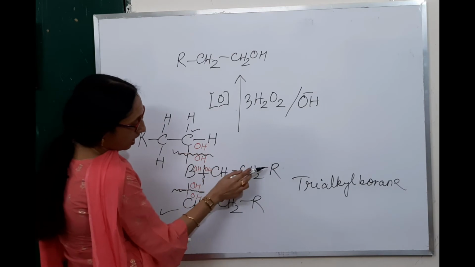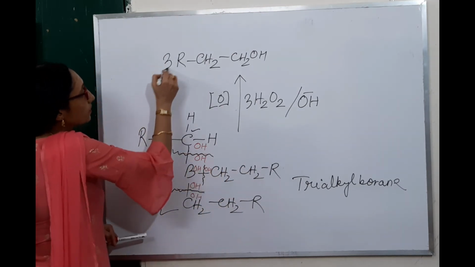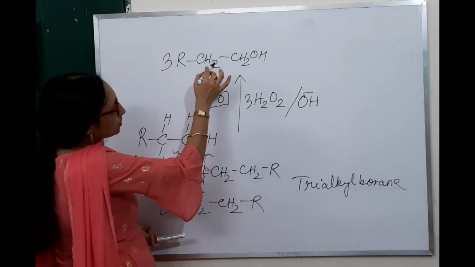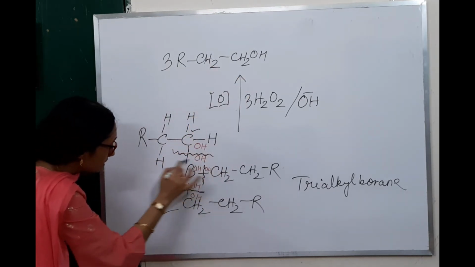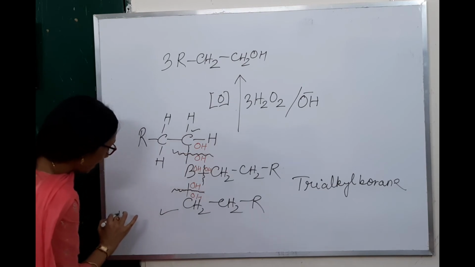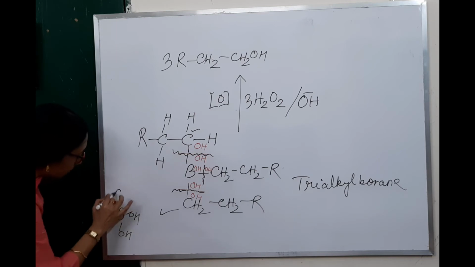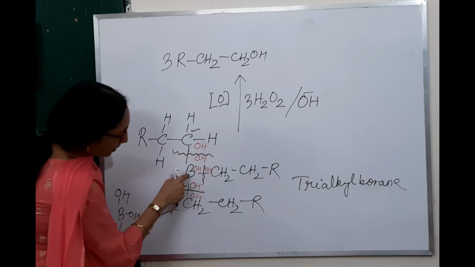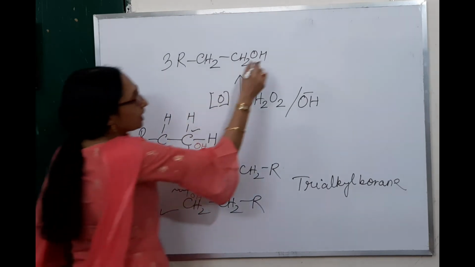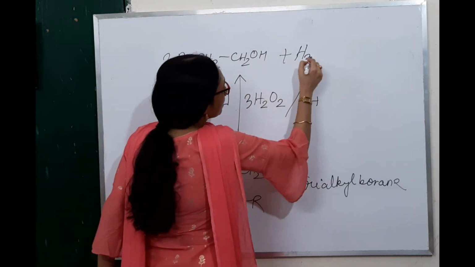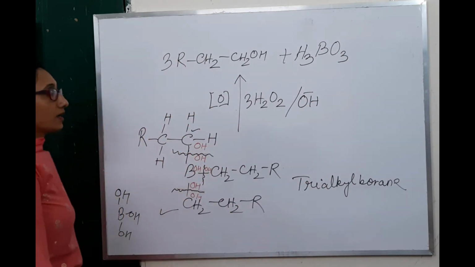Here also R, CH2, CH2, OH. So we will get 3 RCH2CH2OH plus. Now see this part. Plus what is left behind? B, OH, OH, OH. This we can write as H3BO3.